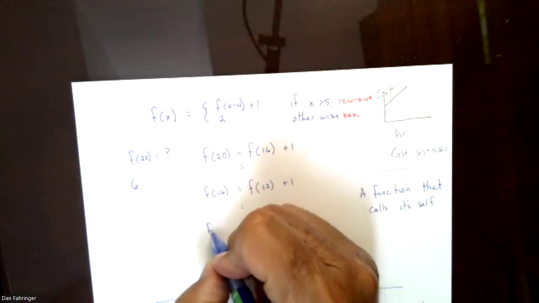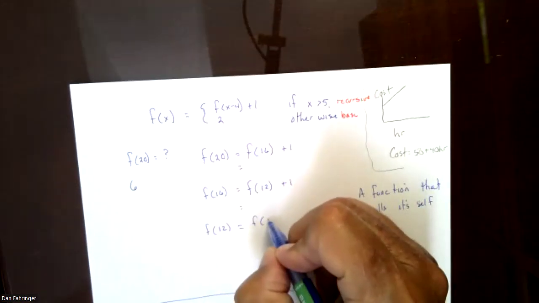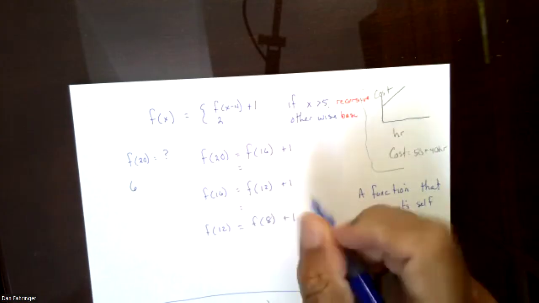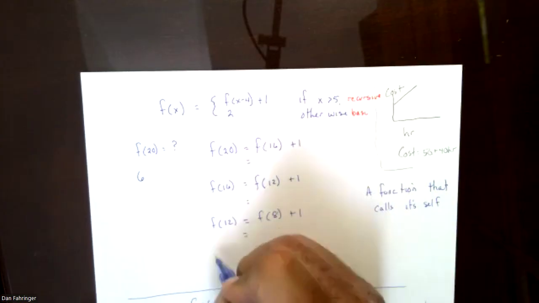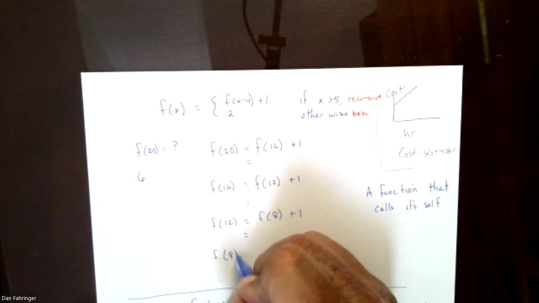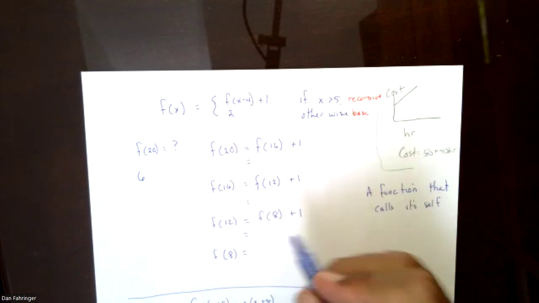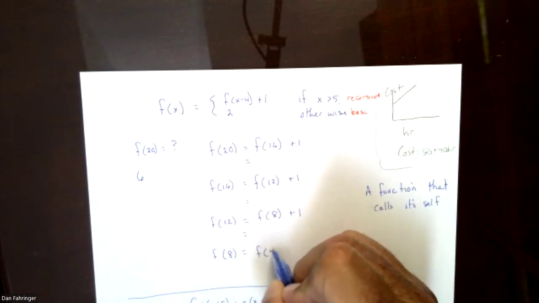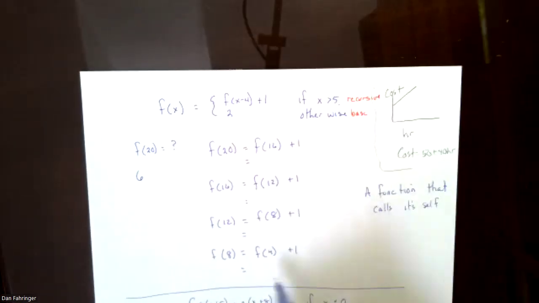I still need f of 12, and that's going to be f of 8 plus 1 because I take the 12 minus 4 and get the 8. But now I don't know what f of 8 is. I'm still greater than 5, so I need to find f of 4. Oh, wait.